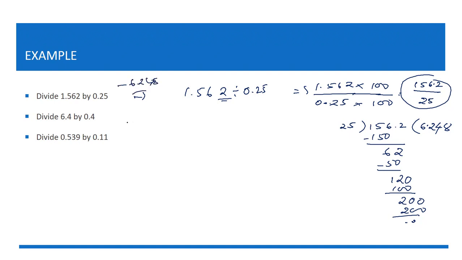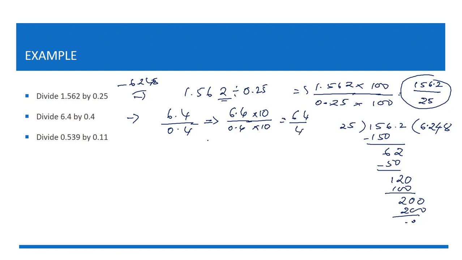Similarly, you can do 6.4 divided by 0.4. Now see what happens here. After the decimal point only one digit is there, so multiply and divide by 10. This becomes 64 and 4.